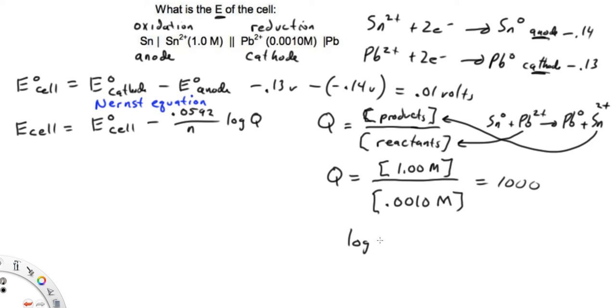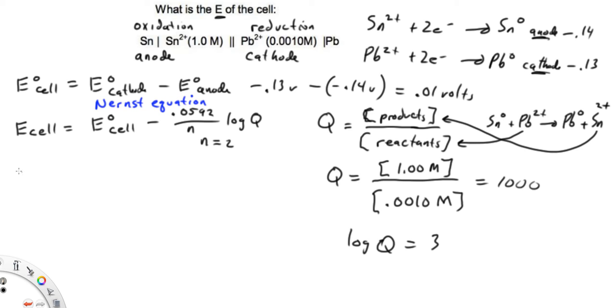Log of Q equals 3. And so when we plug this back into the Nernst equation, you can see that n is going to equal 2. So let's plug this all in.